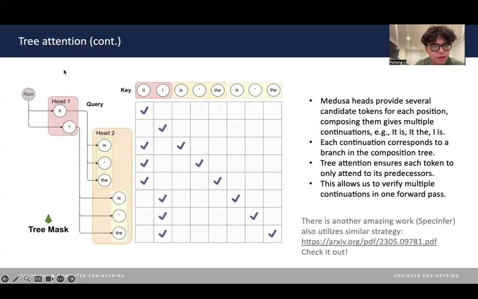Our solution is for each head, for example, head one chooses the top two, head two chooses the top three. And what we do is a combination of these. So there are six combinations because 2 times 3 equals 6. And it can be reflected from the attention map, feature maps.